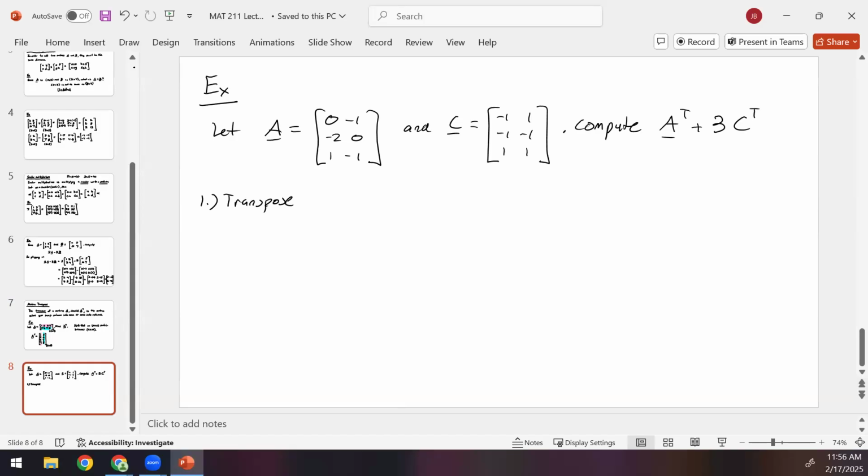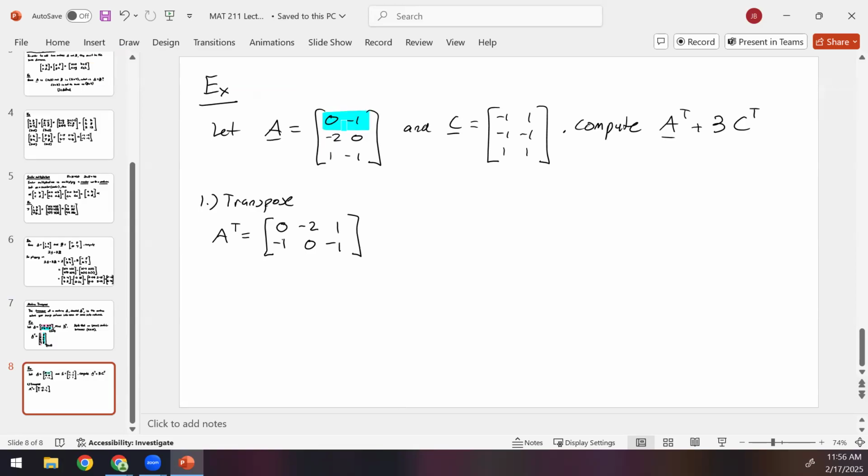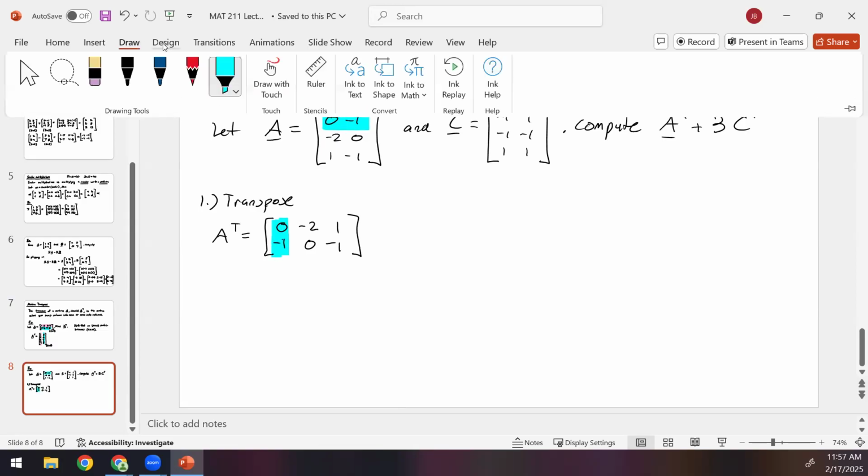So A transpose is going to be equal to, so row 1 becomes column 1, sorry, looking at that incorrectly, 0, -1, -2, 0, and 1, -1. And you actually have to write it out because just looking at it sometimes is very confusing because of how the numbers look, especially when they're all very similar numbers.